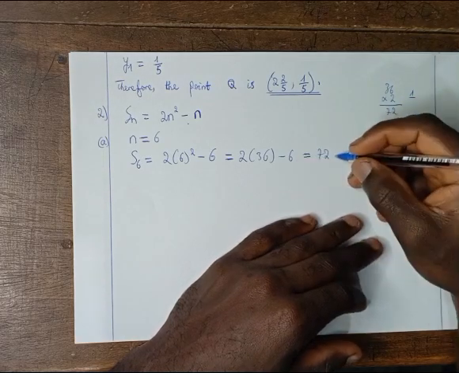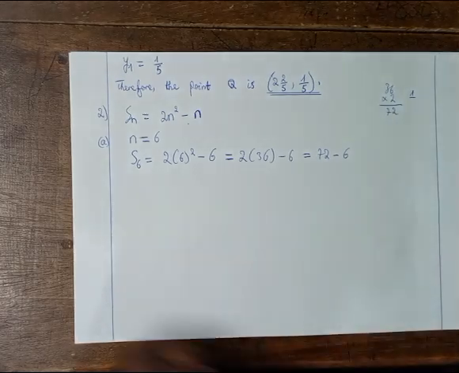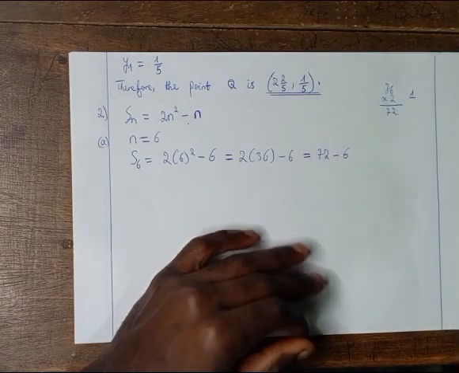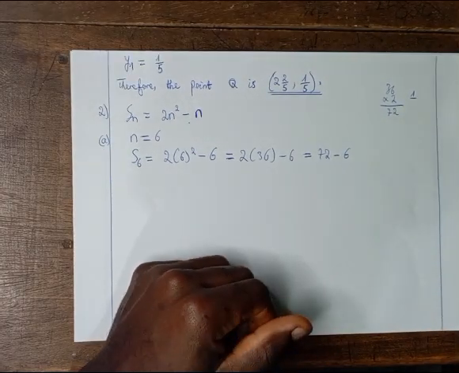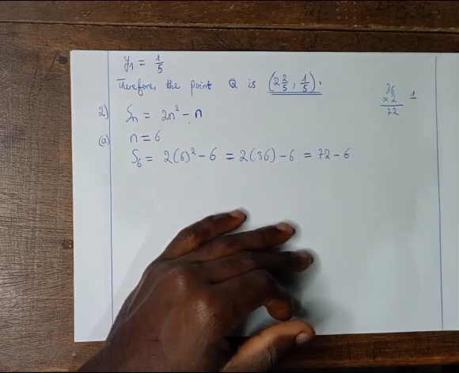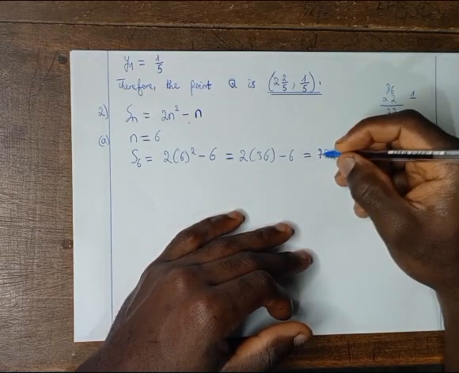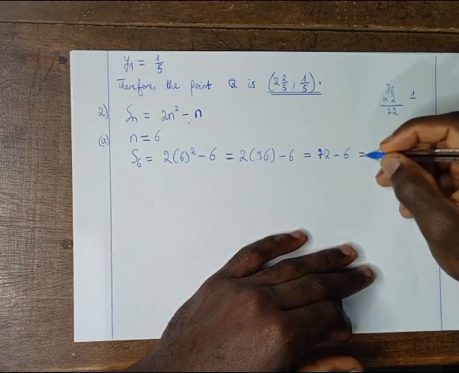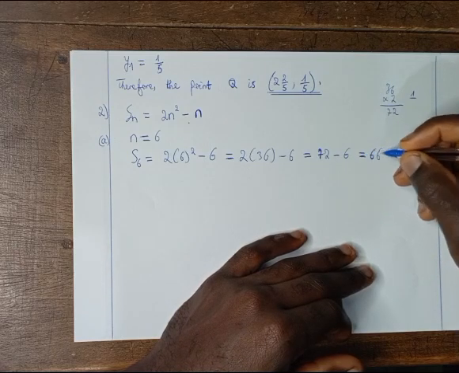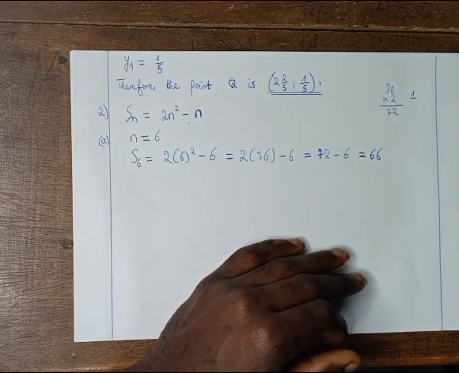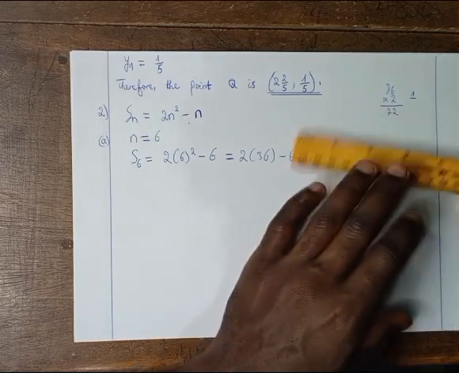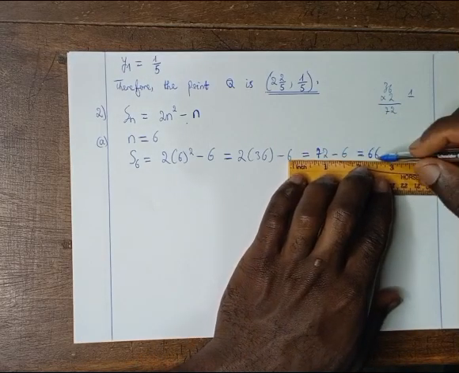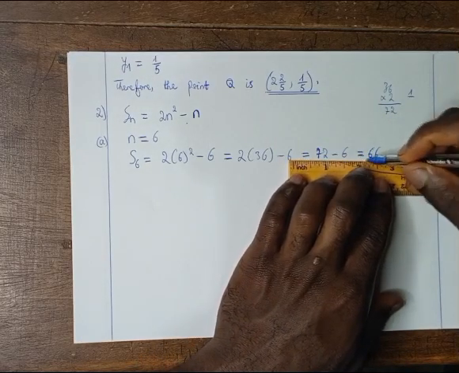This will give us 72 minus 6, which will simply give us 66. So this is the sum of the first 6 terms of that progression.